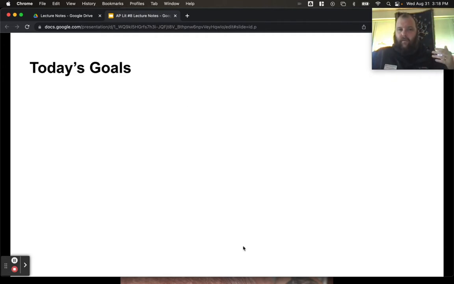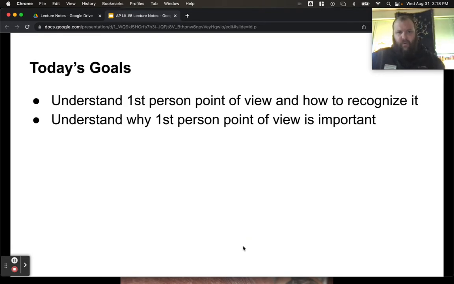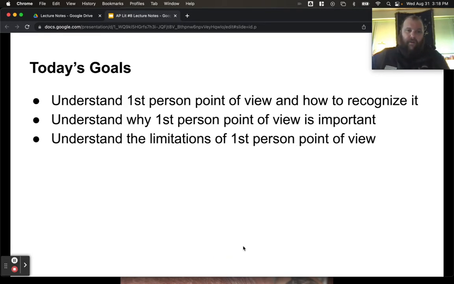So our goals today, actually three goals: understand first person point of view and how to recognize it, then understand why first person point of view is important, and understand the limitations of first person point of view. My guess is that if you are watching this, you are in an AP Lit class, you likely know how to pick up first person point of view and how to recognize it.